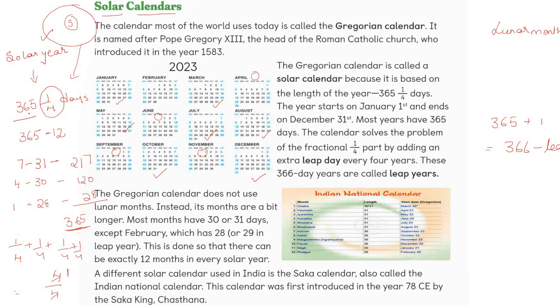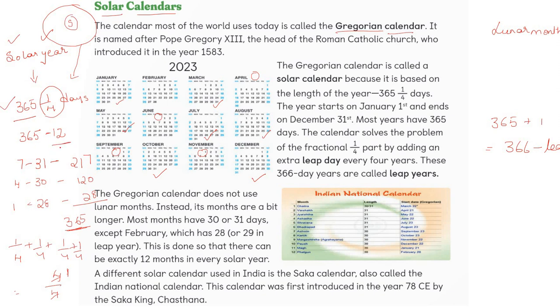He introduced this calendar, so this calendar is called the Gregorian calendar. Gregorian calendar is based on solar year. How many days are there in a solar year? 365 1/4 days.